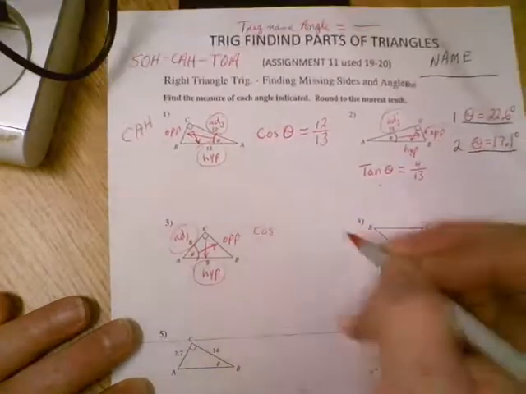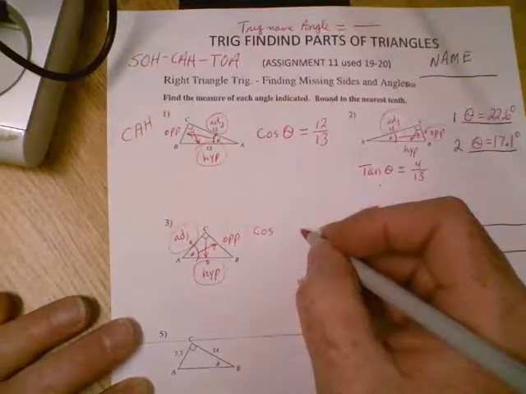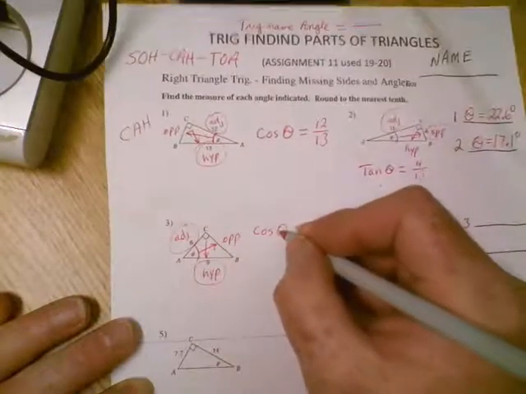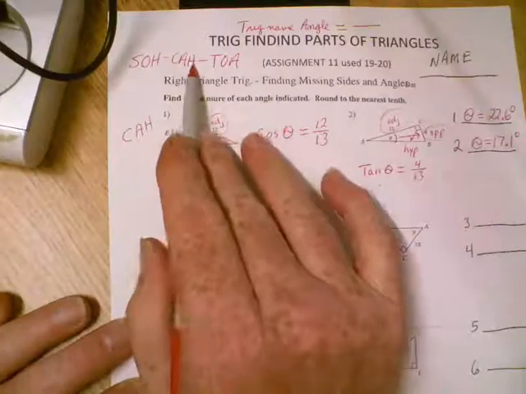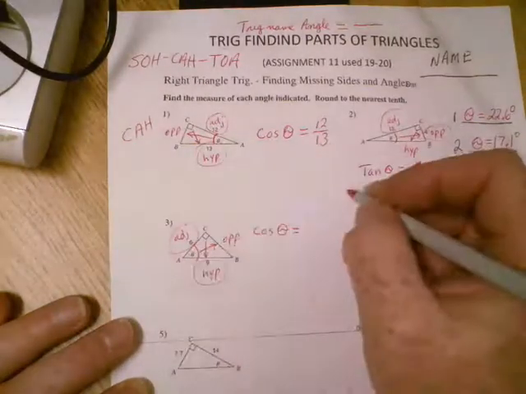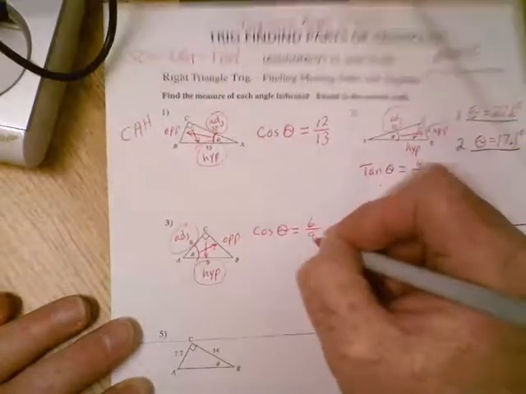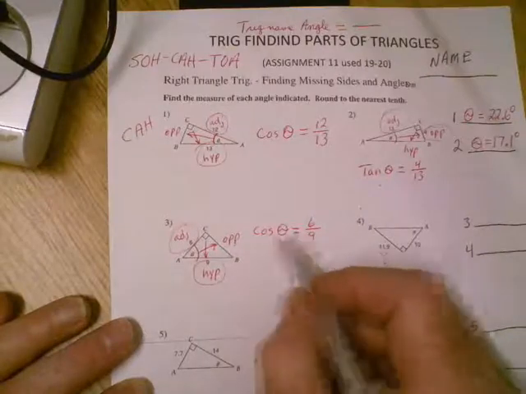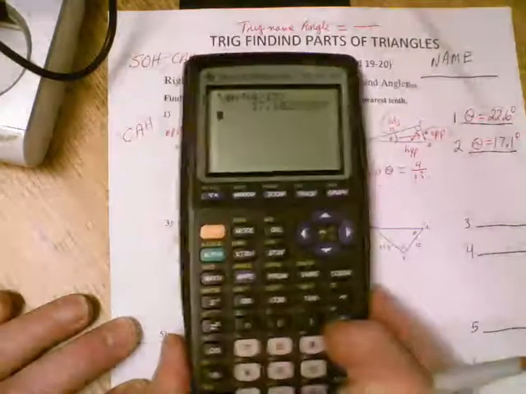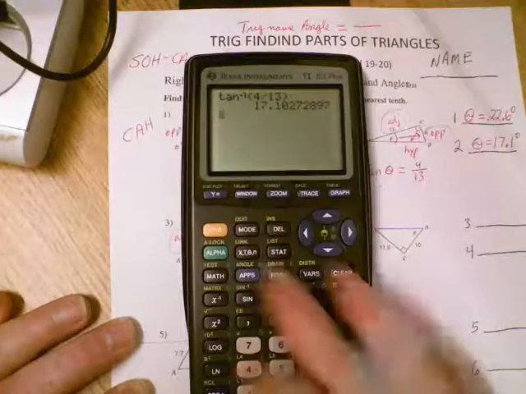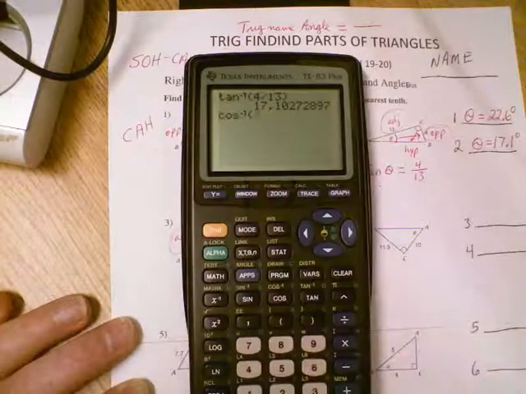So we're going to set up our equation. Trig name is cosine. Then the angle is theta equals adjacent over hypotenuse, so 6/9. So we're looking for an angle, so all we're going to do is take our calculator and hit second, cosine.